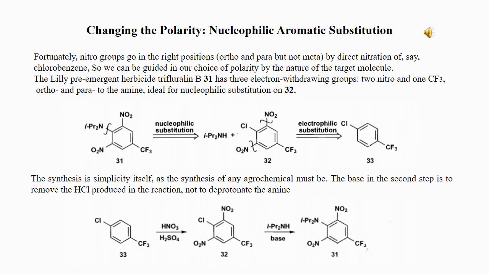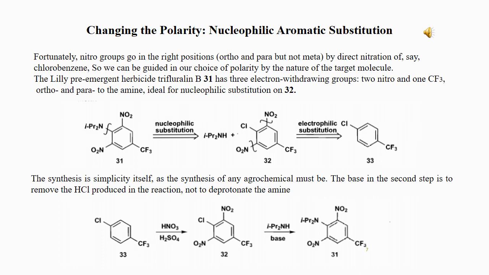Now look at structure number 31. There are two nitro groups that are at ortho position to the leaving group. The leaving group over here is N,N-diisopropyl amine, or diisopropylamine will be the synthon, you can say.